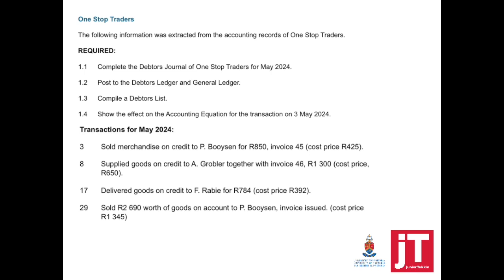The general ledger is a summary of all my journals, so at the end of the month we post the totals to the general ledger. If we've done this whole process correctly, the debtors control balance must be the same as the balance in the debtors list. Otherwise, somewhere you've made a mistake.